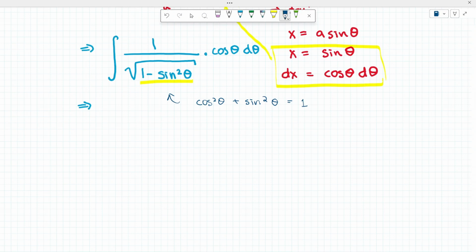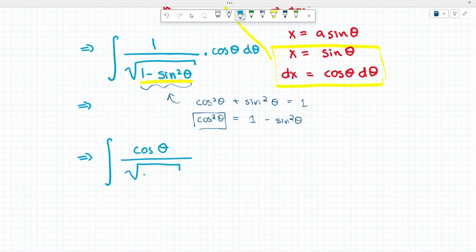So if we rearrange this equation, we now have that cos squared theta equals 1 minus sine squared theta. So that means we can substitute cos squared theta for this entire term right there. So as a result, we end up with the integral of cos theta divided by the square root of cos squared theta d theta.